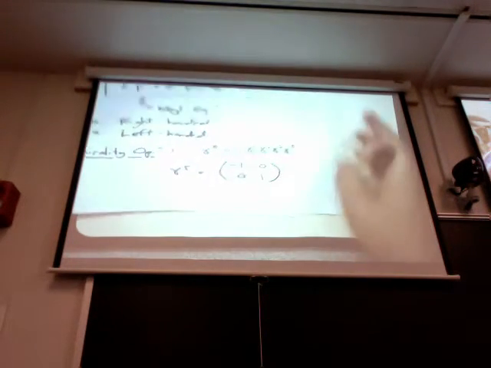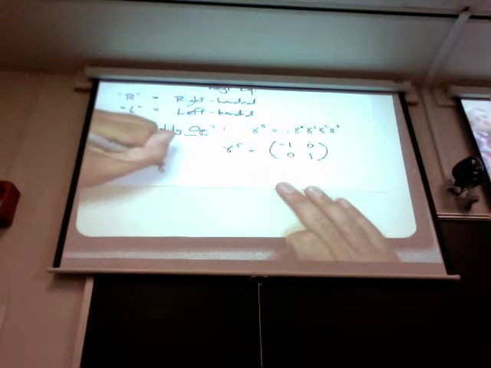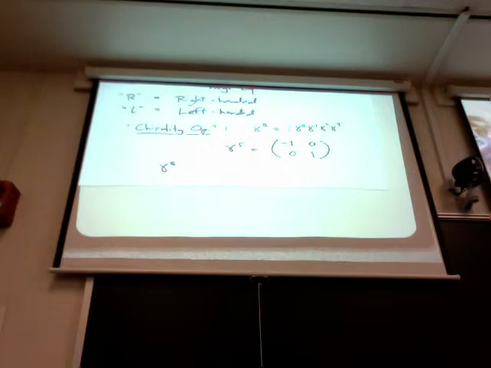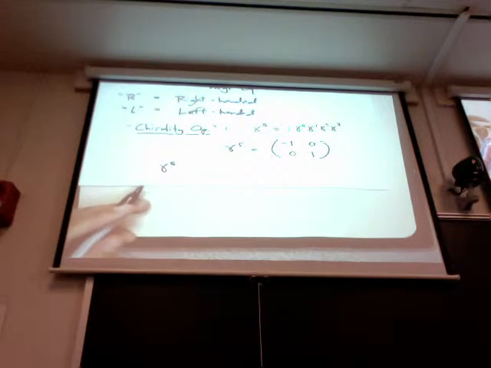And now you see why we call these things left-handed and right-handed, right? What we call left-handed and right-handed is just convention. It's just that they have different eigenvalues under this chirality operator.